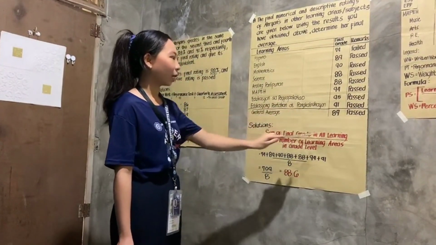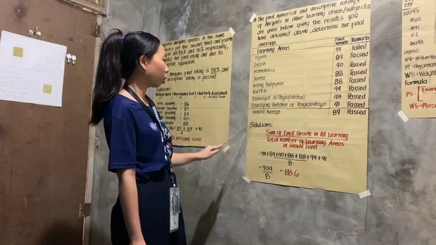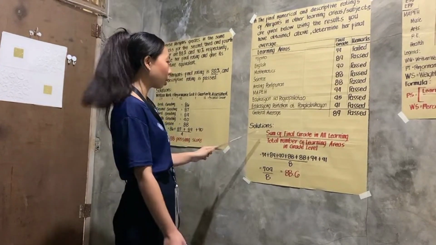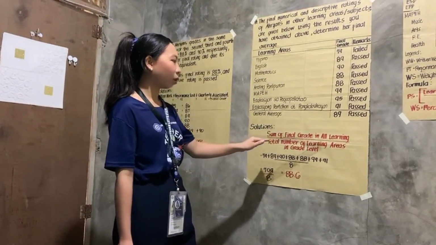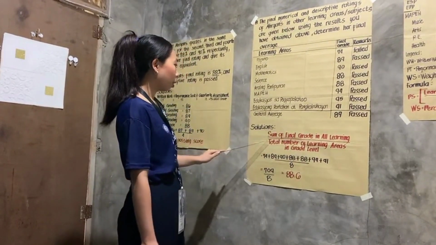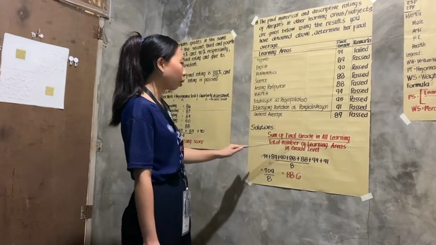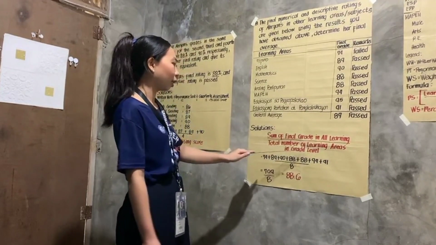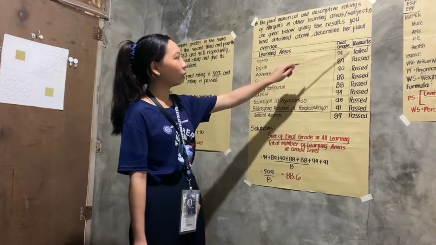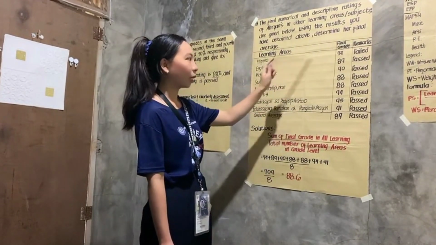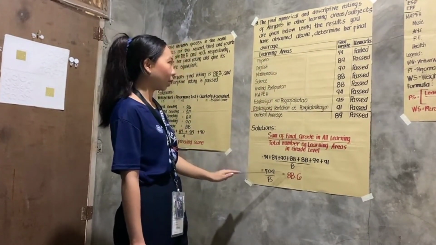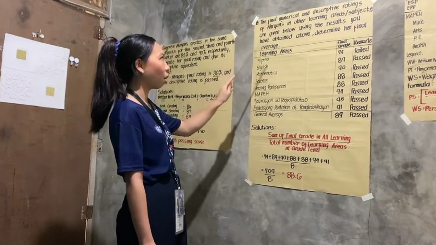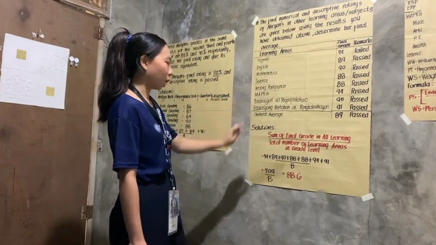How did I get this 89 grade? The formula that I used is the sum of the final grades in all learning areas divided by the total number of learning areas and grade level. So I will add all her final grades and divide by 8 since these are 8 subjects.